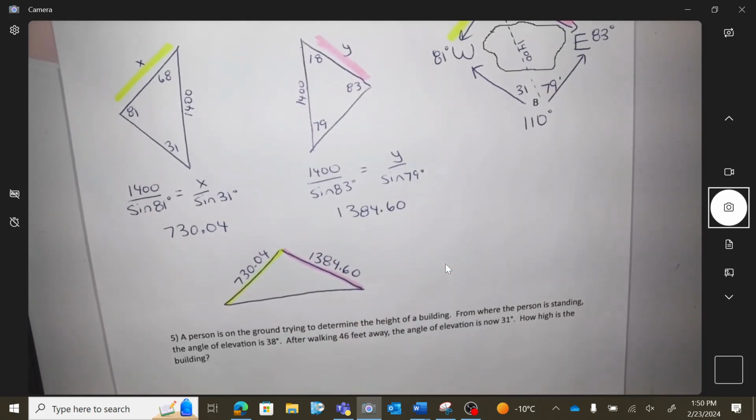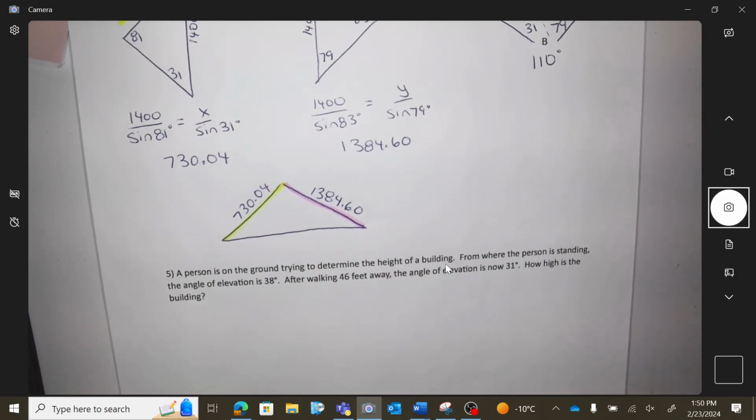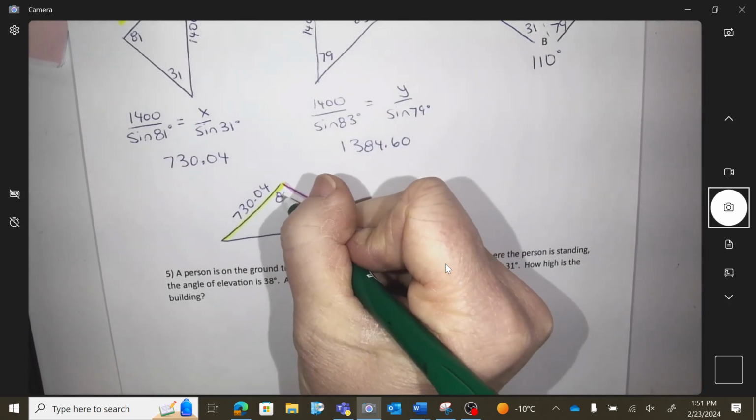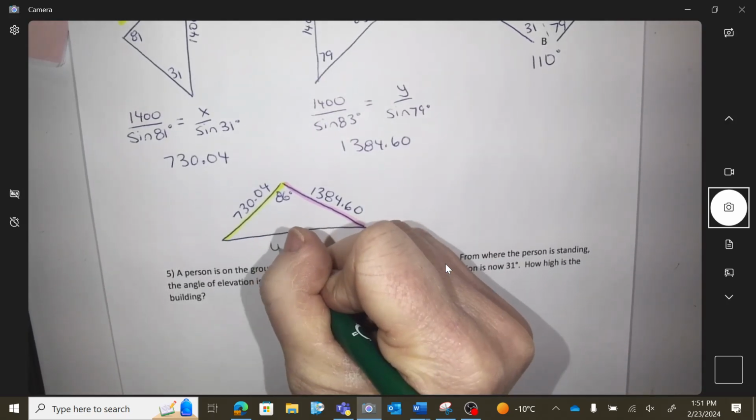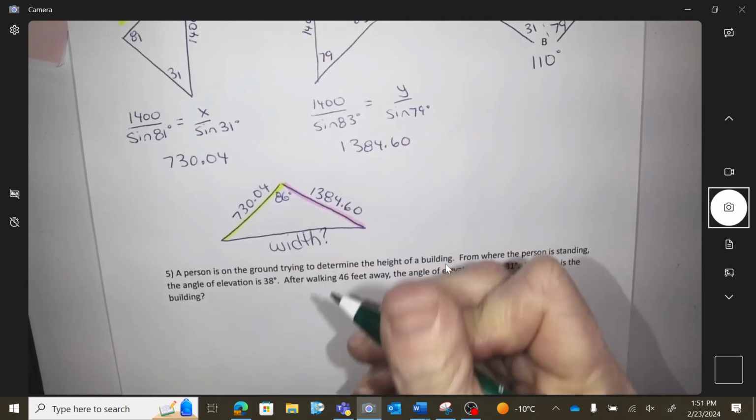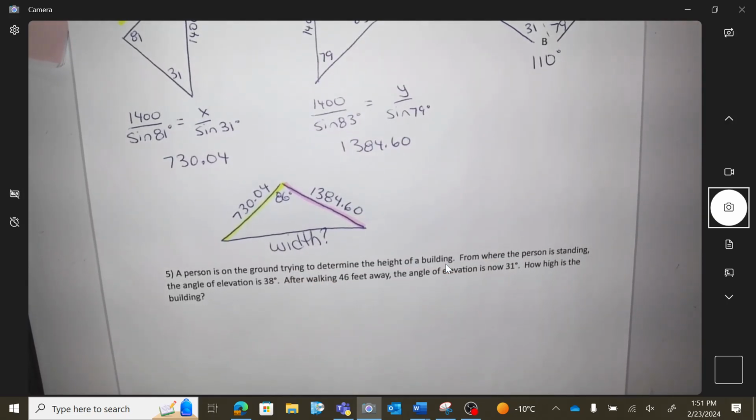So we got all those sides on the top. That was our top. What's the angle at the top? We have that. Did you write 86 in the top there? We wrote that on the diagram. And there we go. We're ready to find the whole thing across the lake.